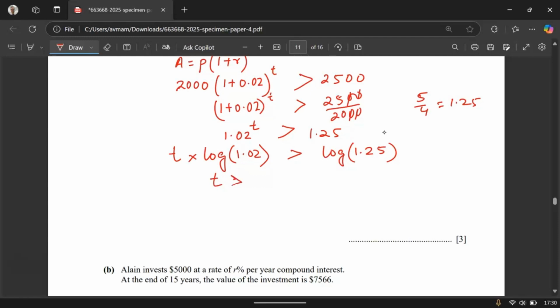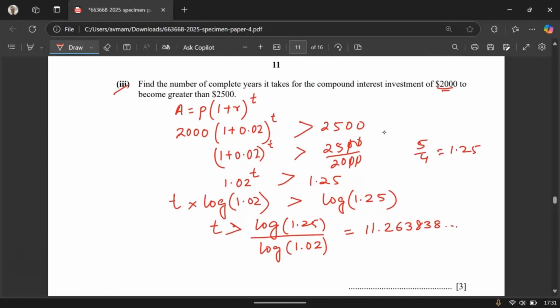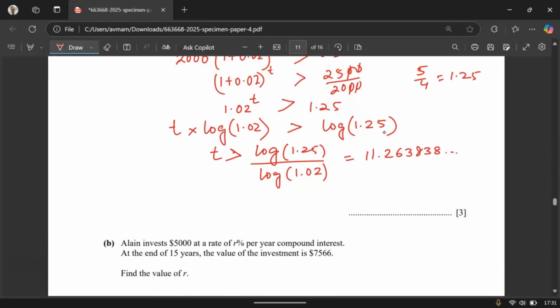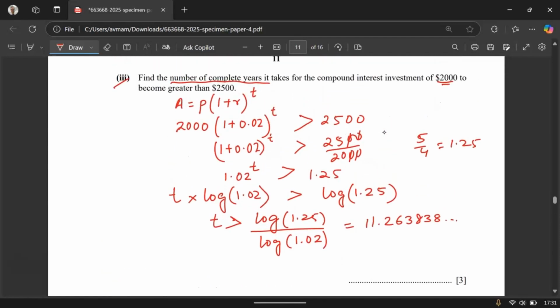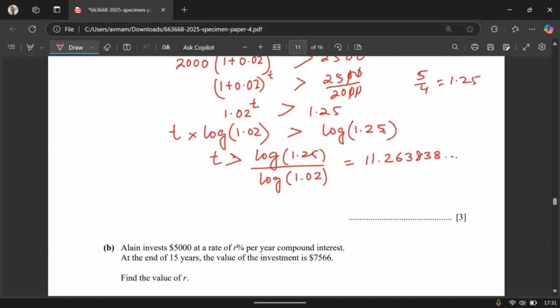So t is isolated over here: log 1.25 divided by log 1.02, and now you can use your calculator, and that gives me 11.263838 and so on. Since this question says find the number of complete years, I can't write 11.26 years. For that amount to be greater than 2,500, we need at least 12 years. We need to round it up.